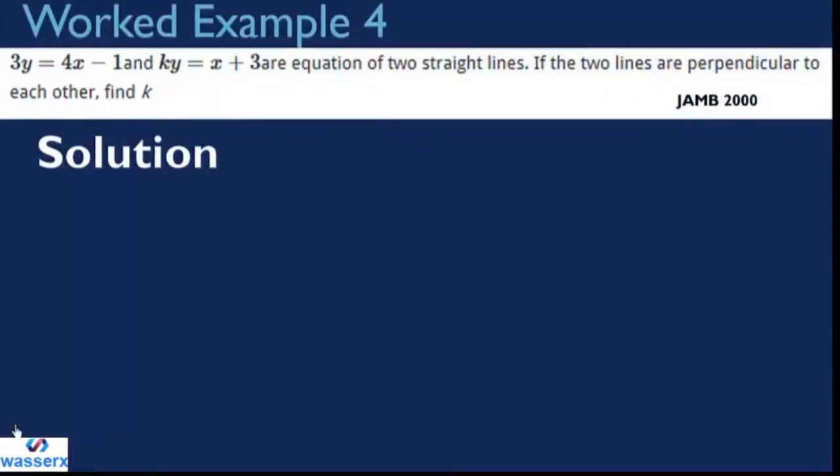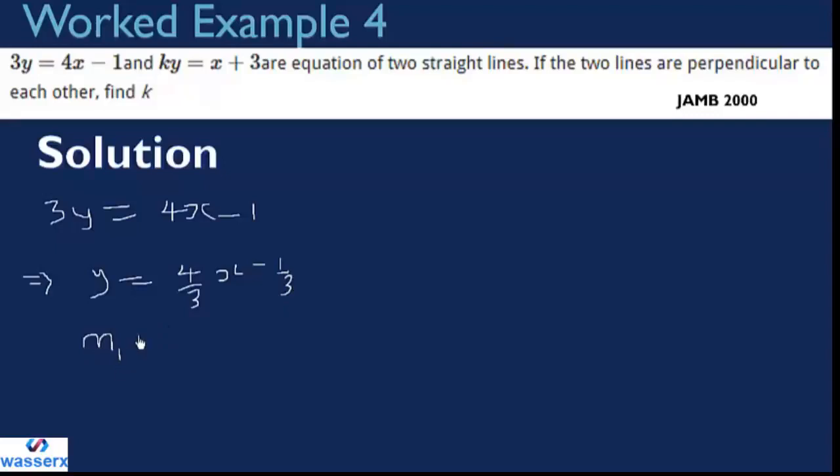Now we have this one. We have the equations of two straight lines given to us, and we are told that they are perpendicular. The first one is 3y equals 4x minus 1. We can rewrite this as y equals 4 over 3 x minus 1 over 3.